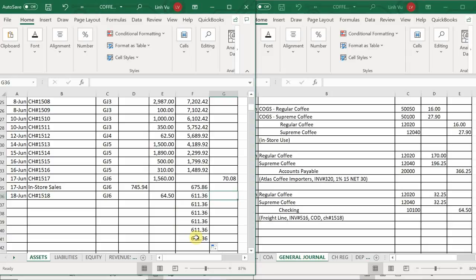Now we're completely done with our ledger account because we went through every single account that we wrote in our journal. Okay? So whatever you write in your journal, you have to post it to your ledger. Exactly how you see it in your journal is exactly how you're going to post it to your ledger.